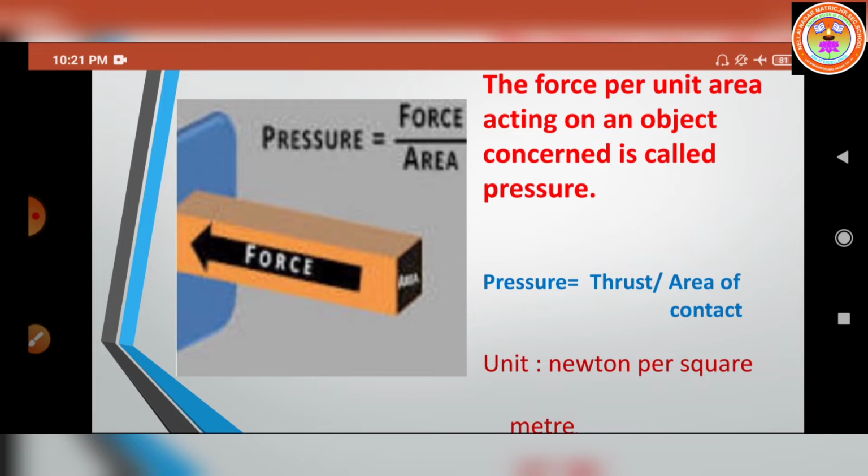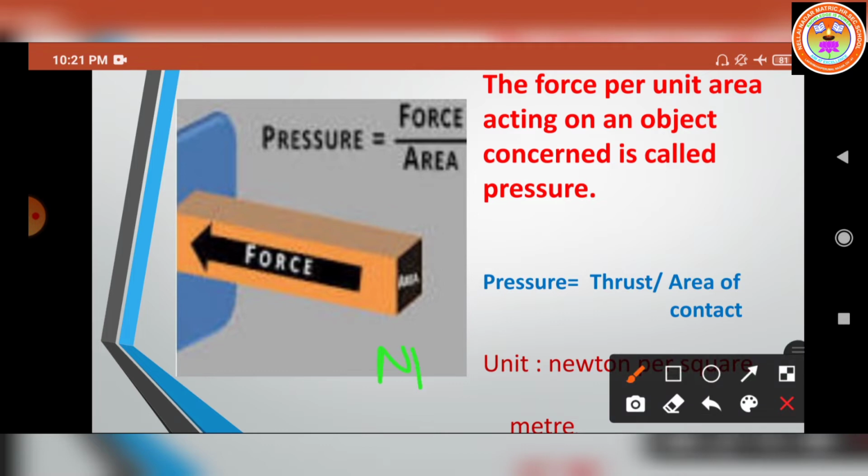In SI units, the unit of thrust is Newton, denoted by the symbol capital N. The unit of pressure is Newton per square meter, or we can use Newton meter power minus 2.